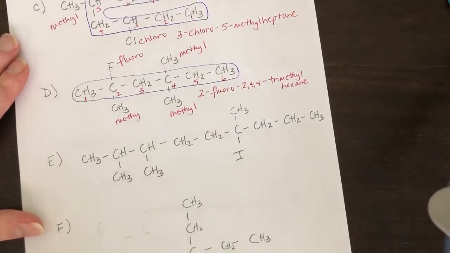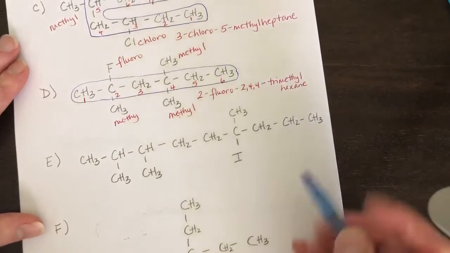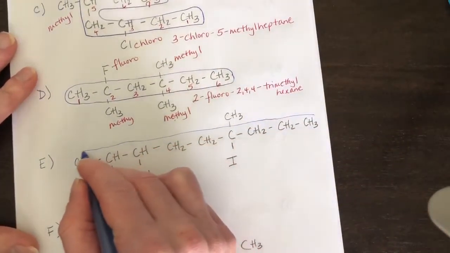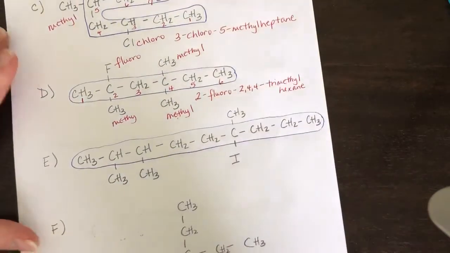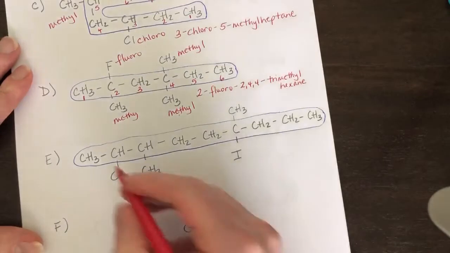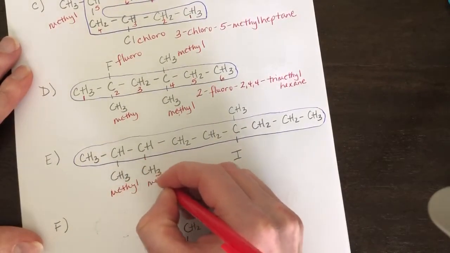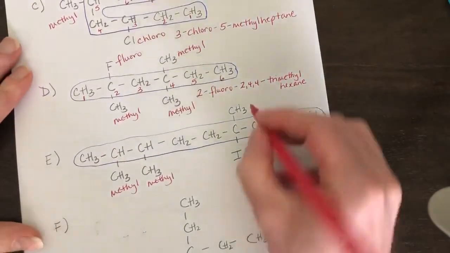Okay, next example problem. 1, 2, 3, 4, 5, 6, 7, 8, 9 is your longest chain of carbons. Okay, now you got a methyl, you got another methyl. I keep spelling methyl wrong.